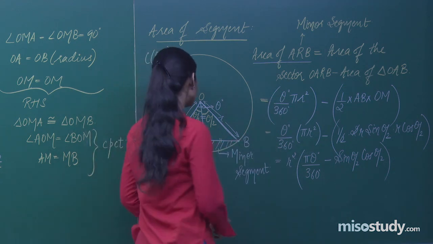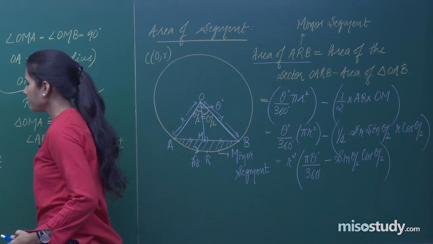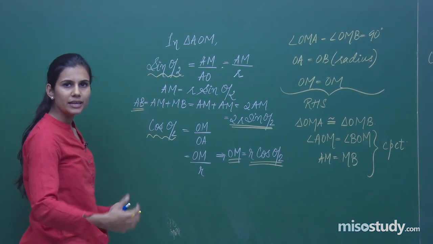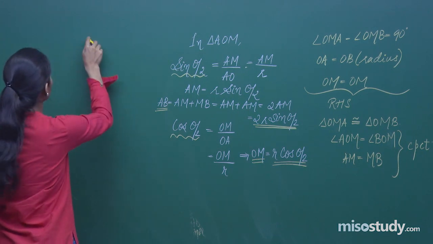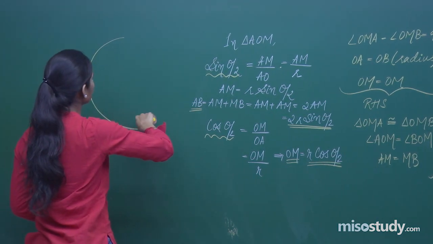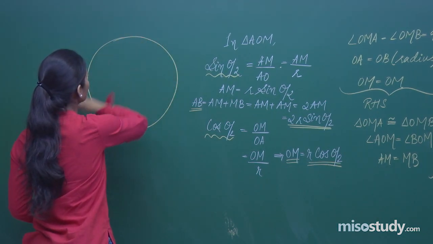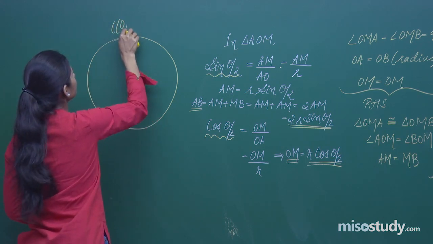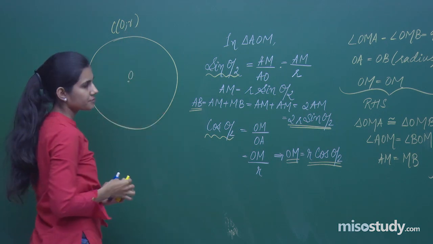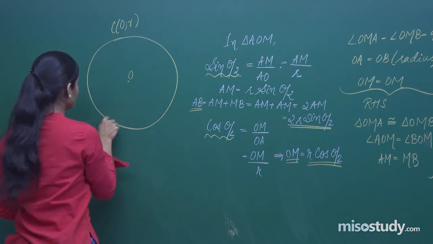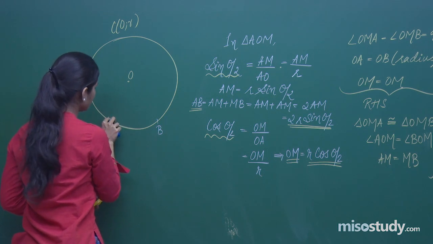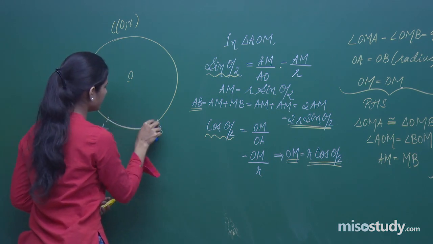Now please try to understand this very carefully. I am comparing two things now. Now I am talking about minor sector, major sector, minor segment, major segment together into one single setup. So please try to see this. This is circle with center O, radius r. I am saying this is A, this is B, this is my arc AB.